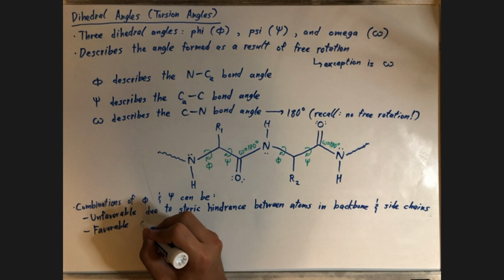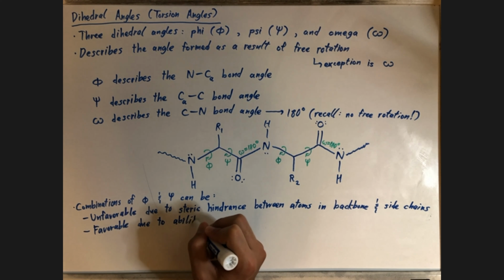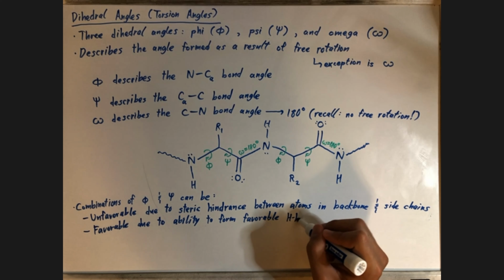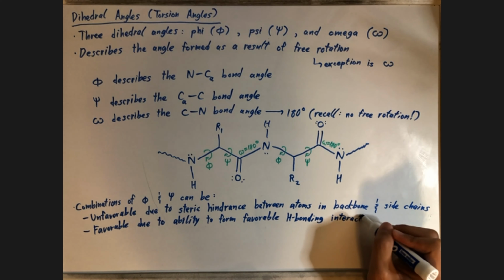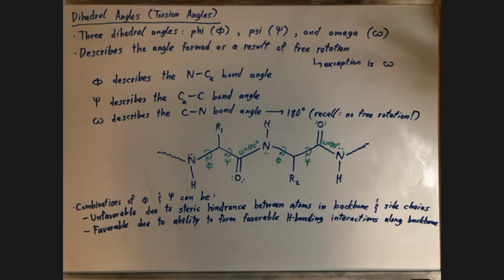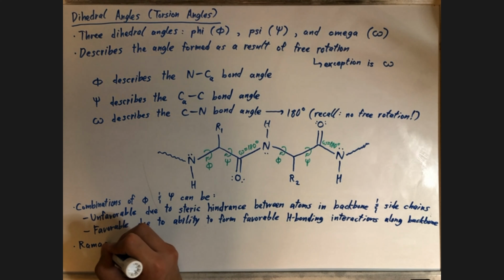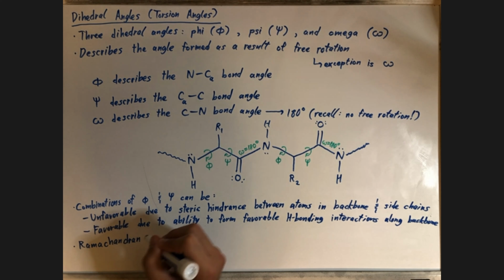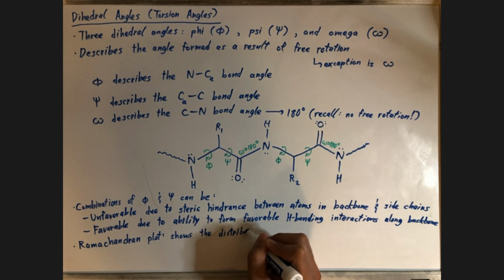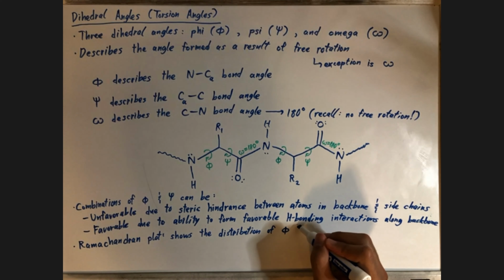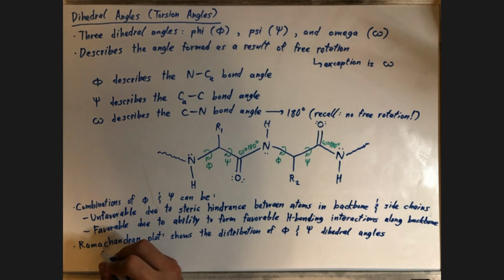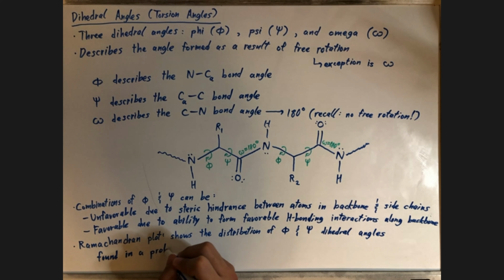But they can also be favorable due to the ability to form favorable hydrogen bonding interactions along the peptide backbone. And a way to visualize these combinations is by looking at the Ramachandran plot, which shows the distribution of phi and psi dihedral angles found in a protein.